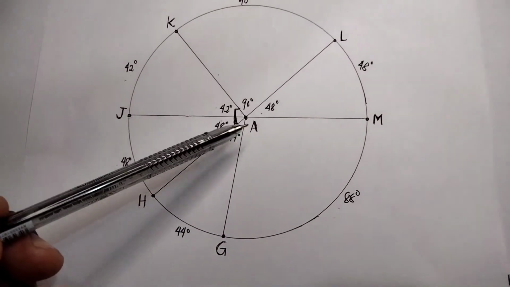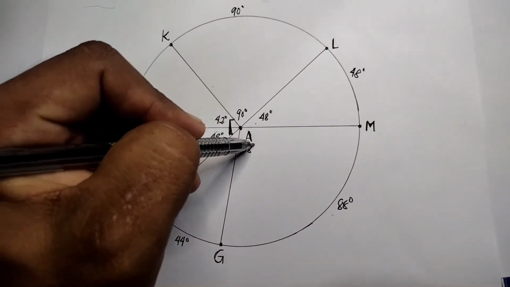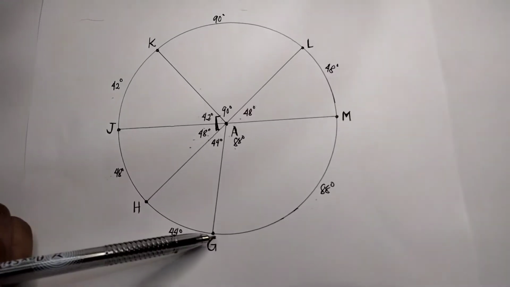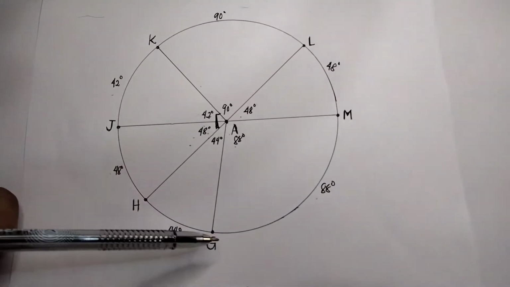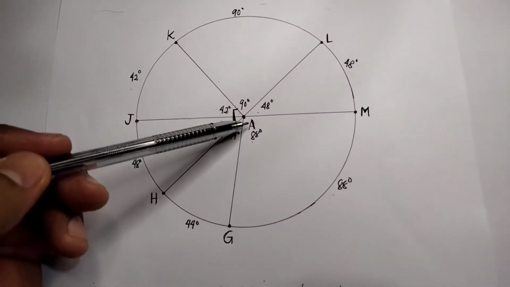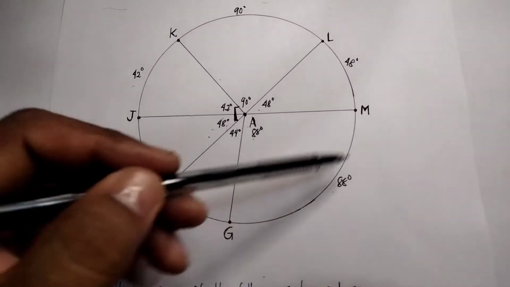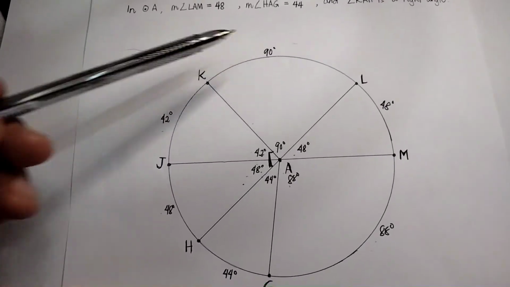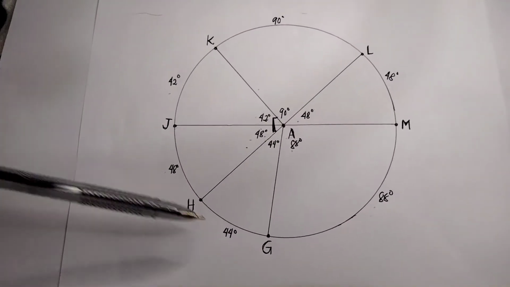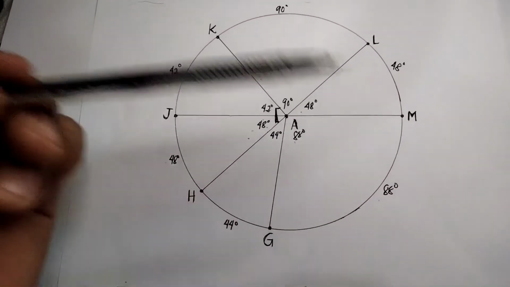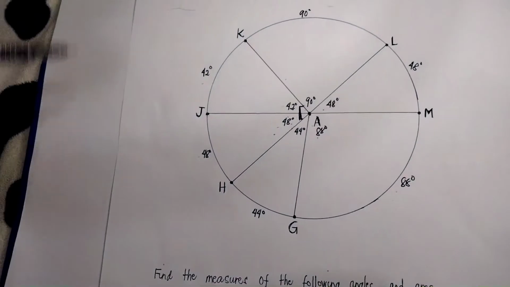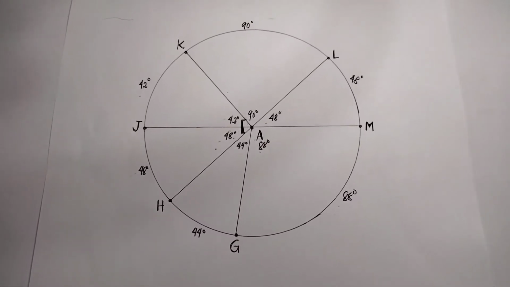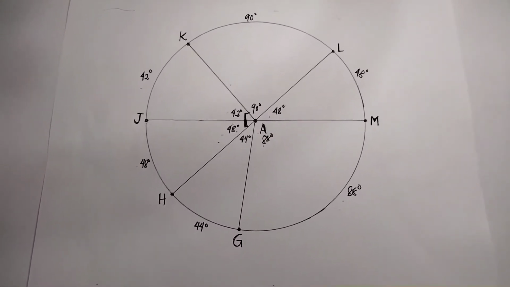If this is 88 degrees, this is also 88 degrees, because this is a central angle and its intercepted arc is arc MG. As we know, the measure of the central angle is equal to the measure of its intercepted arc. If we add 48, 90, 42, 48, 44, and 88, that is equal to 360, and the circumference of the circle is 360. That is how we find the measure of the central angles and their intercepted arcs.